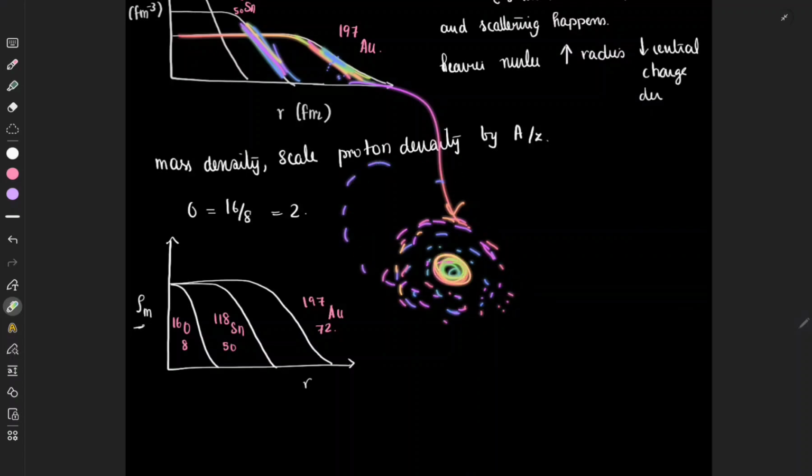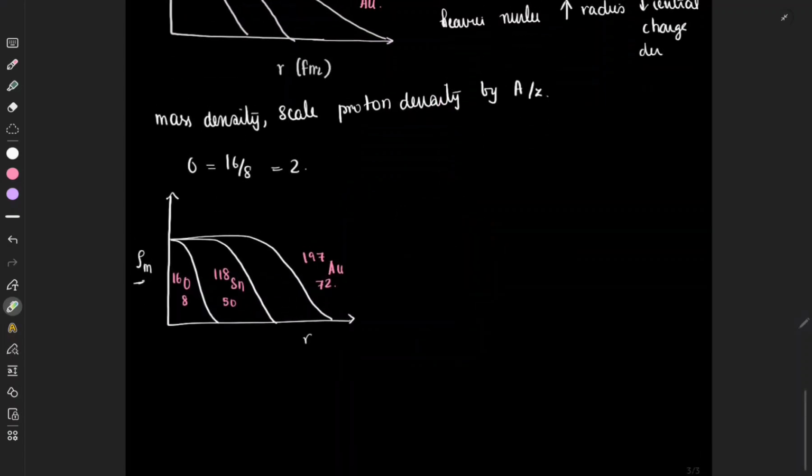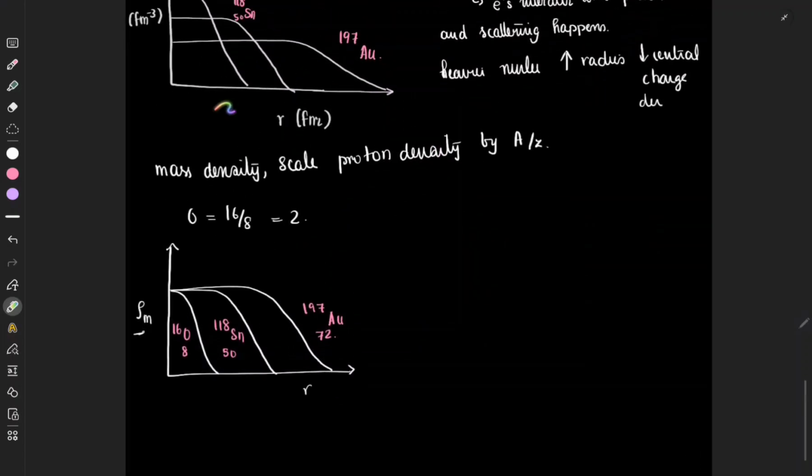So almost for every element, the central density will be the same. What defines the element is the nuclear boundary. So how did we scale this?